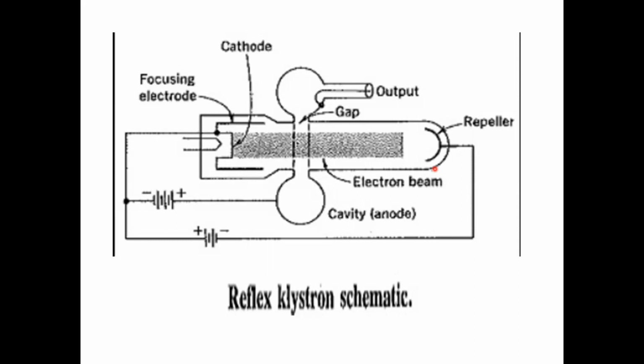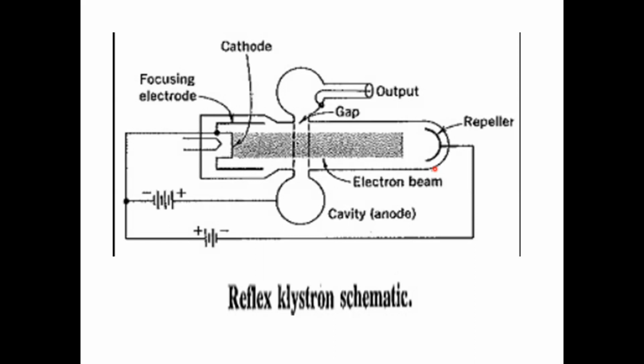During the return time, it is shorter, as the penetration into the repeller space is less. Therefore, bunches form, approximating the bunching process. Clear? I think everybody is clear about this electron behavior.